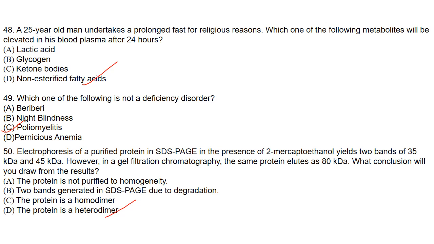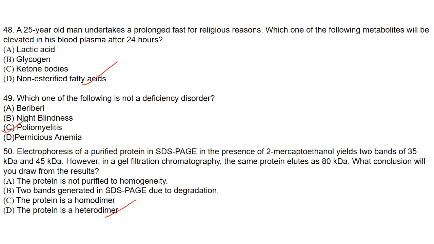So gel filtration does not involve the use of any reducing agent like 2-mercaptoethanol or beta-mercaptoethanol. And beta-mercaptoethanol, as you all know, is involved in breaking the disulfide bridges. In gel filtration, since there is no treatment with any reducing agent, it results in separation of the native protein as such. That is why you got the 80 kDa band.